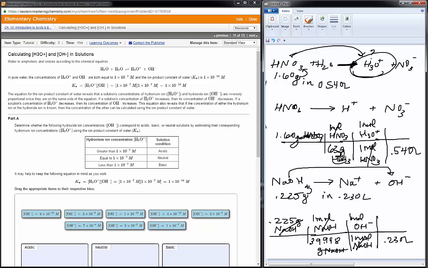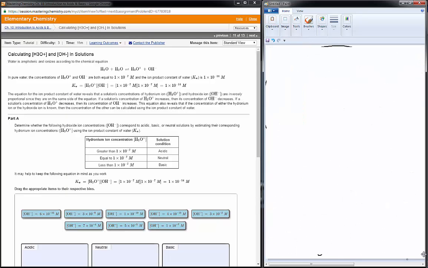So we can use that value, Kw, which is going to be the H3O plus multiplied by the OH minus. Knowing what we know about equilibrium expressions, we can predict that if this goes up, then that goes down, so that the K value will stay equal. And vice versa, if that goes down, then this goes up.